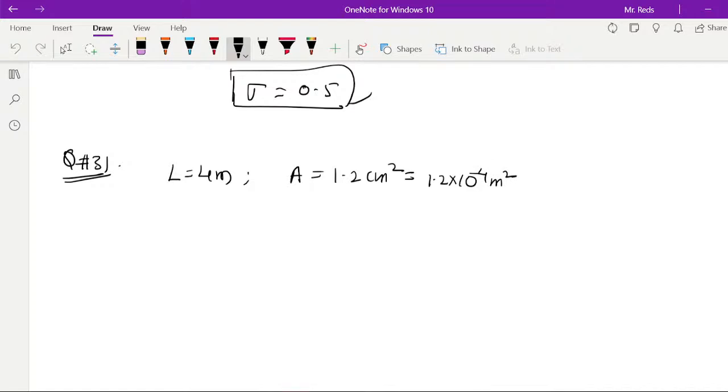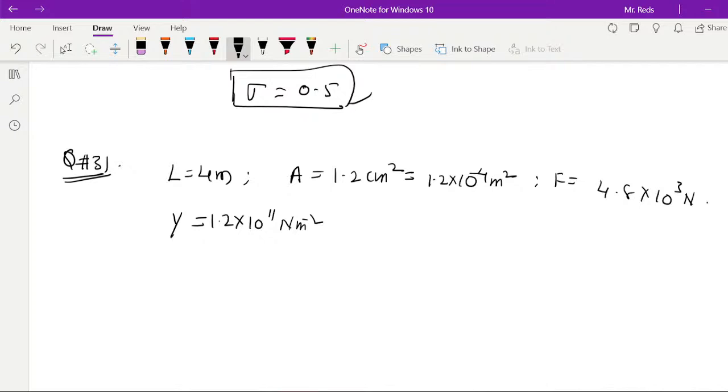When it is stretched by a force of 4.8 × 10^3 Newton, the force applied F is equal to 4.8 × 10^3 Newton. And Young's modulus of the material of the wire is 1.2 × 10^11 Newton per meter square or Pascal.